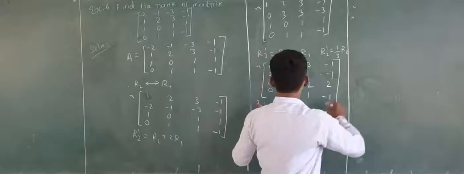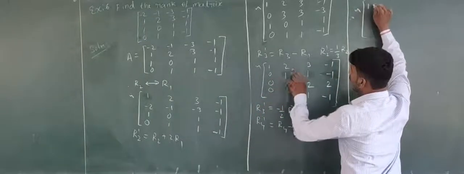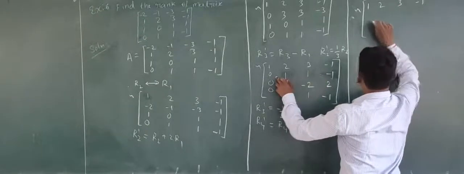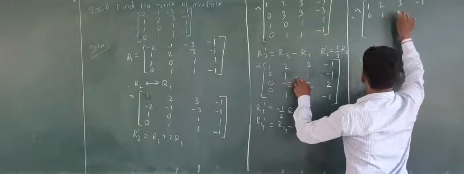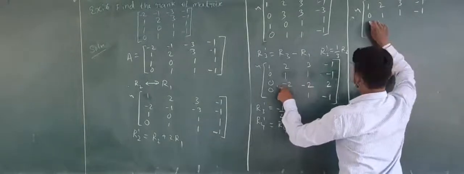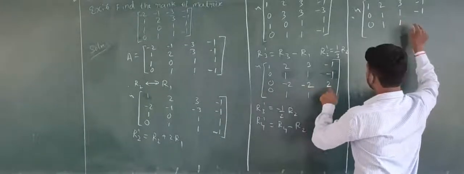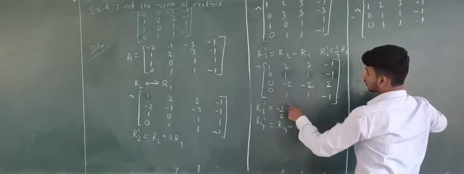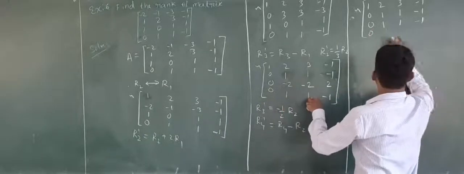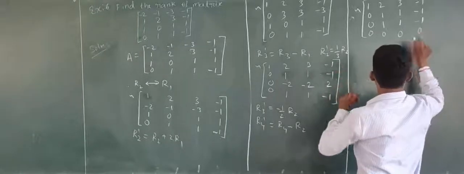So your matrix will be 1 2 3 minus 1, 0 1 1 minus 1. We are multiplying with minus 1 by 2, so this will be 1, this will be 1, and now this will be minus 1. Now this term will be 0, that is 1 minus 1 is 0, 1 minus 1 is 0, and minus 1 plus 1 will be 0.